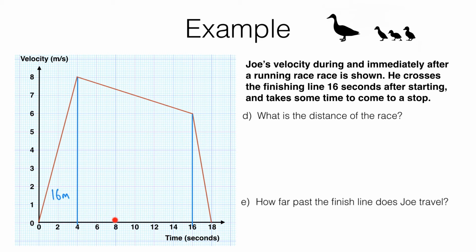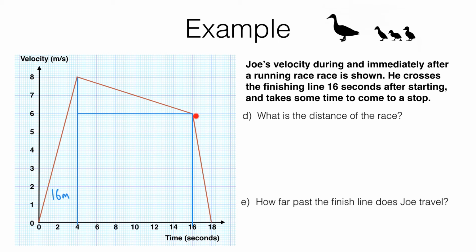This second shape is a trapezium. So we can either use the formula for the area of a trapezium, or we can split it up into a rectangle and a triangle. Now I'm going to split this up into a rectangle and a triangle, but if you're comfortable with the formula for the area of a trapezium, then you can just go ahead and use that. So here's my split.